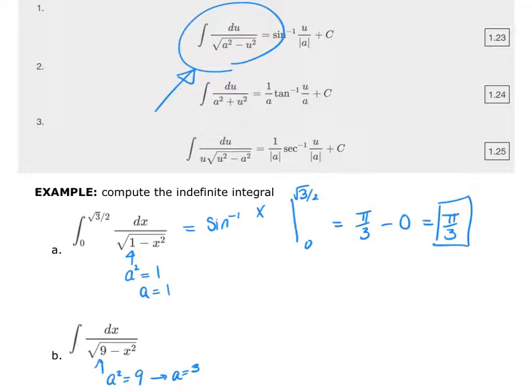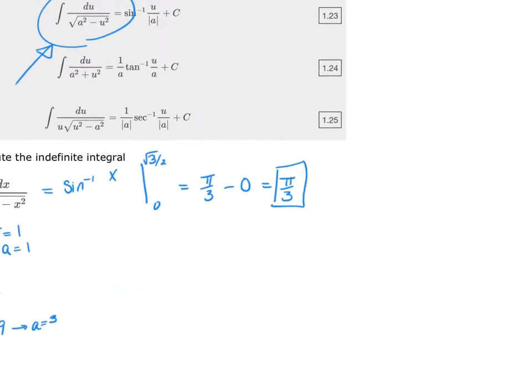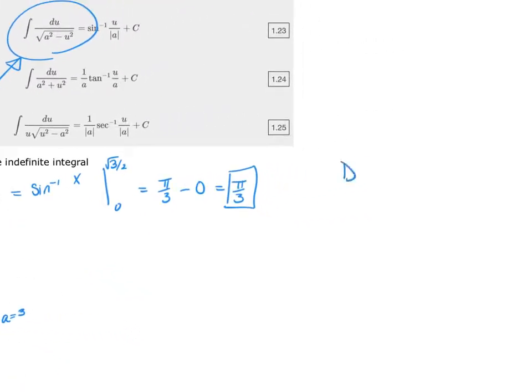I'm going to take a moment because some of these in your homework are going to ask you to give answers because they're going to be definites. So with definite integration, I'm going to talk about the domains of the inverses because this is going to be kind of important. The domain of sine inverse is from negative pi halves to pi halves.